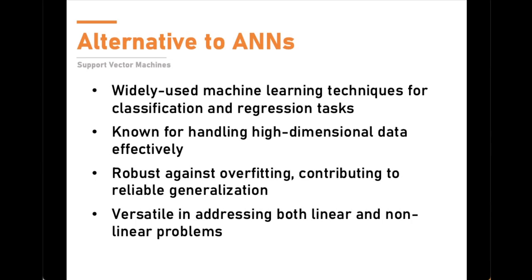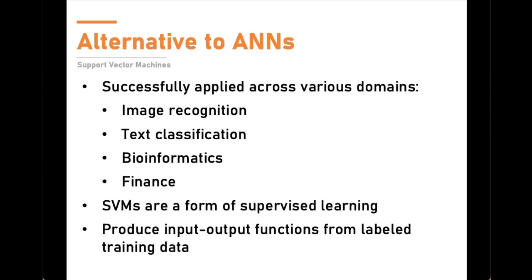Among them are their ability to handle high dimensional data, their robustness against overfitting, and their versatility in handling both linear and non-linear problems. SVMs have been successfully applied in various domains, including image recognition, text classification, bioinformatics, and finance.